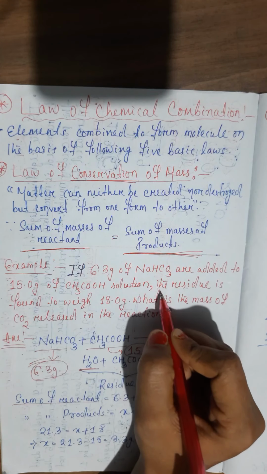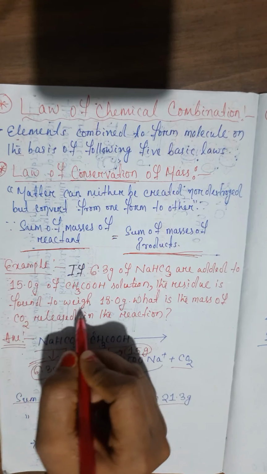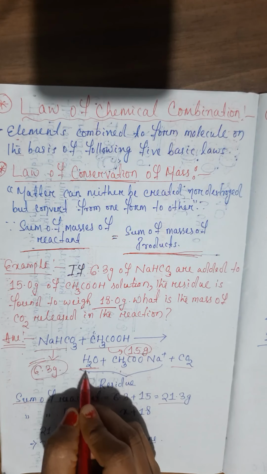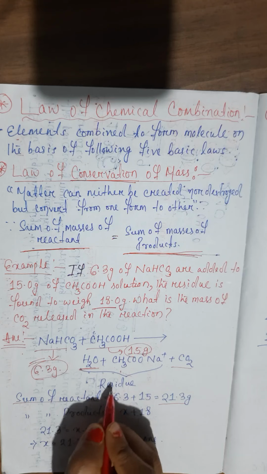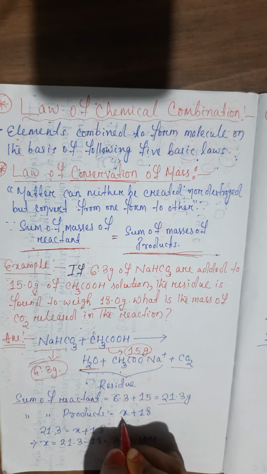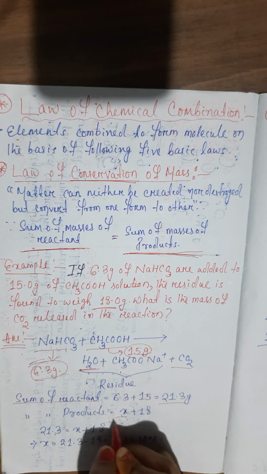According to the question, the residue is found to weigh 18 gram. So where did we get the residue? We got the residue in the product part, which weighs 18 gram. So what is the product? We have taken X. Why have we taken X?